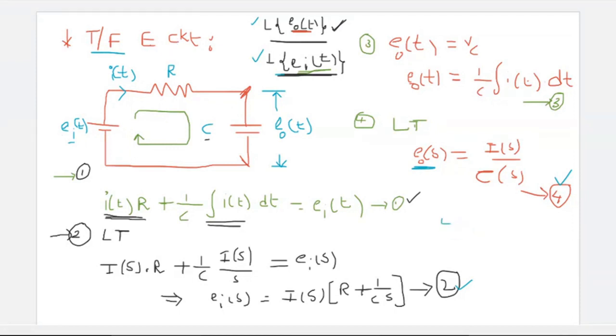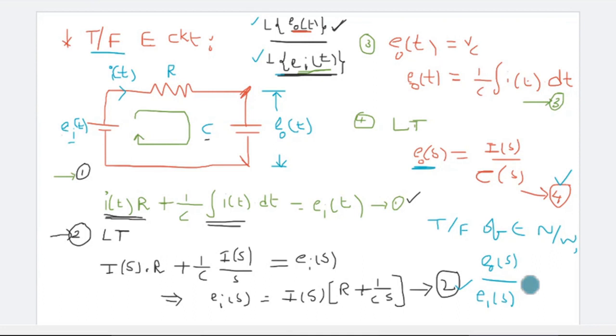The transfer function of the electrical network is equation number 4 by equation number 2, that is E naught of s by EI of s.